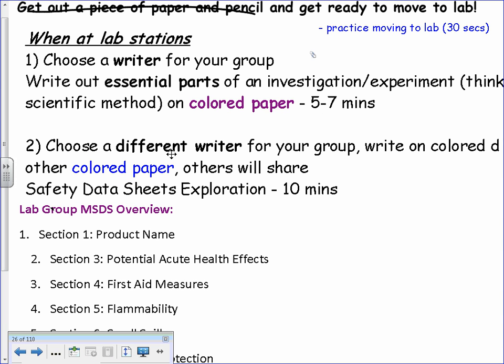Instructions are on the board. So choose one person to write from the color paper and we're going to take that away. Choose a writer. Looks like you're the writer.